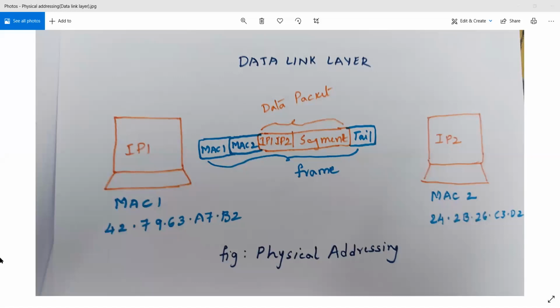Next, we will see another function of the data link layer, that is accessing the media. Accessing the media is also called framing.